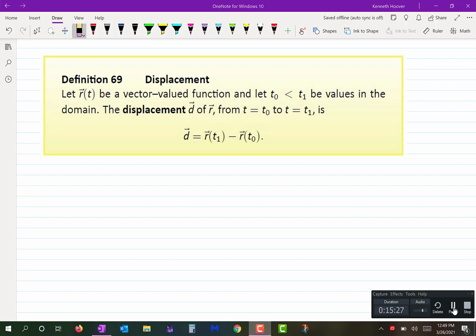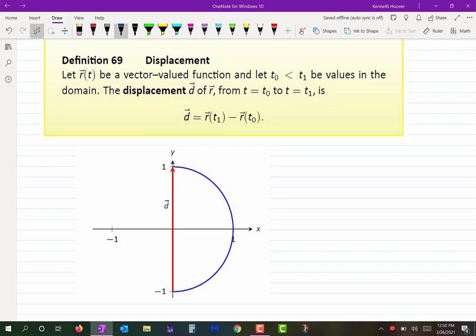Now, let's make sense of this by showing you a picture. Let's look at that picture there.